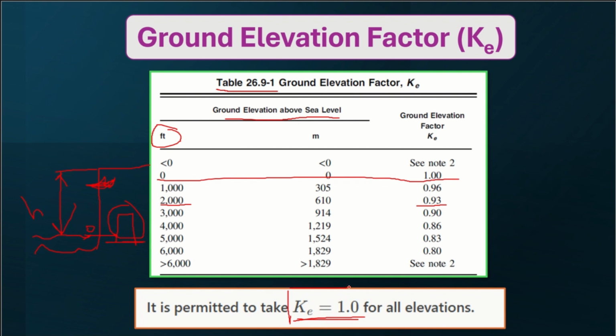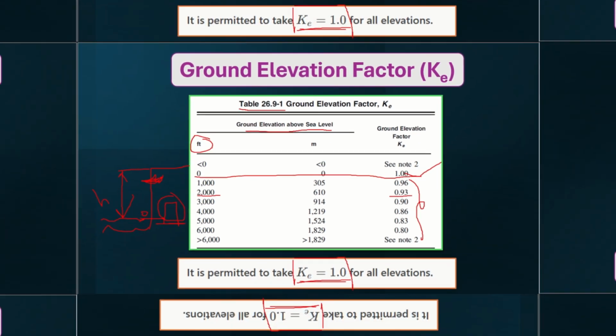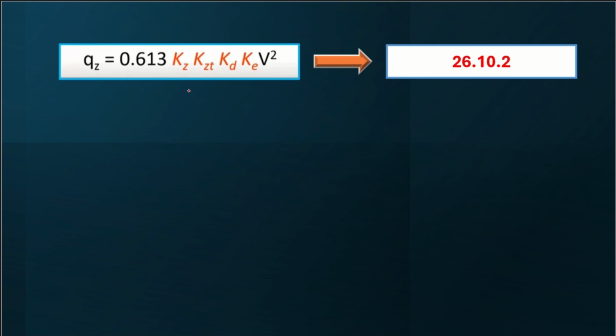We are taking this as the worst condition, because if you see in this table, your Ke value is less, so if you take 1, we are considering the worst condition, guys. So this is all about the ground elevation factor, and I hope I completed all the factors, that is Kz, Kzt, Kd and Ke, which is given in 26.10.2.